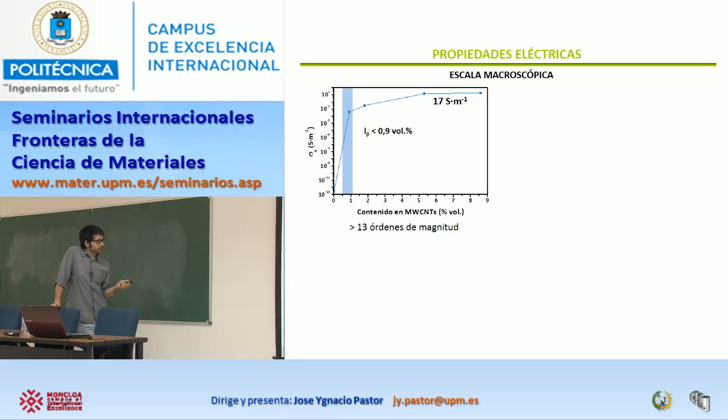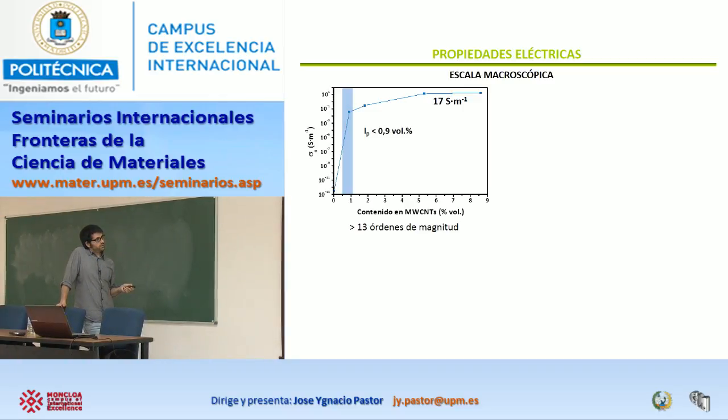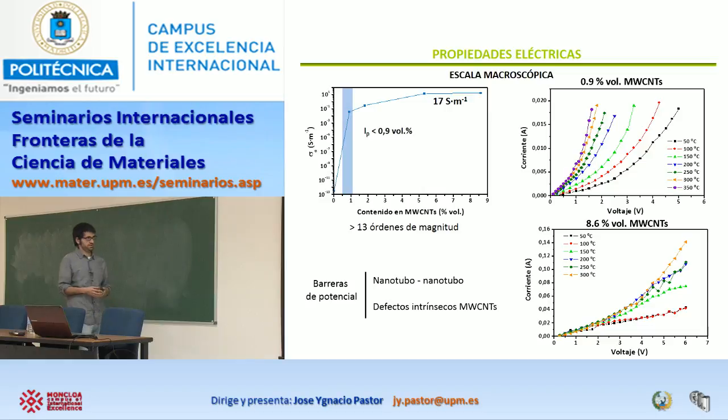But with a really small amount of carbon nanotubes, even less than 1 volume %, we increase the conductivity a lot, and we have a threshold in conductivity. It's an increase of more than 13 orders of magnitude, of course, because it starts as a really good insulator. This is quite interesting for electronic properties. It was not the objective or the target for this material, but it's there, and then we characterize it.